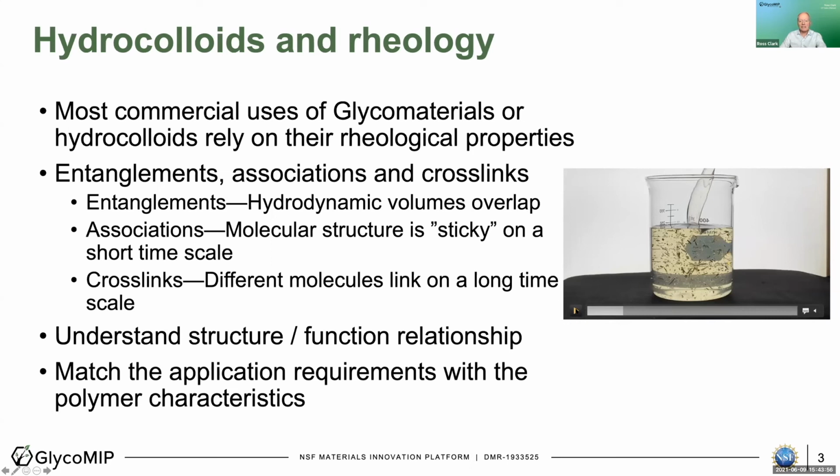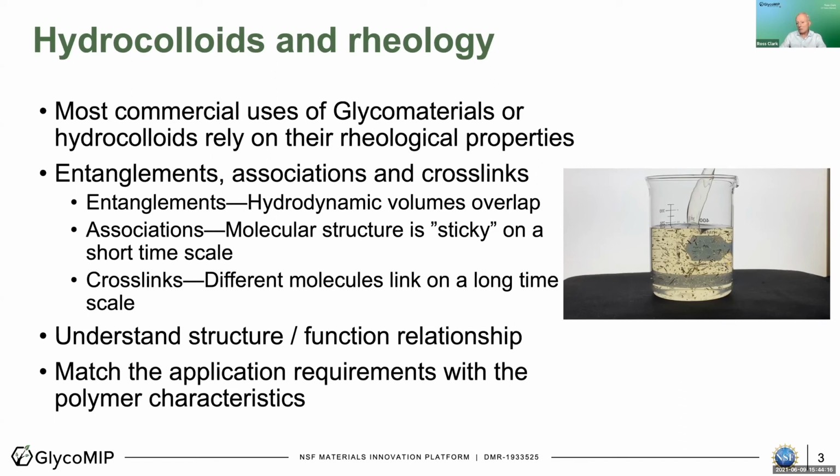Entanglements simply means the hydrodynamic volume of the molecules overlap. Associations means there's something about that molecular structure, a functional group, some aspect of it that creates a tendency to stick onto its fellow molecules for a fairly short time scale.